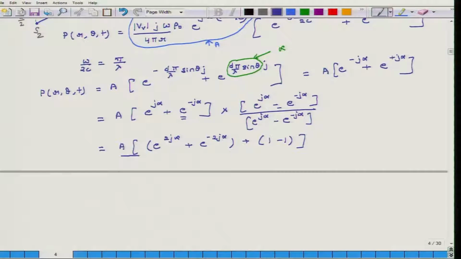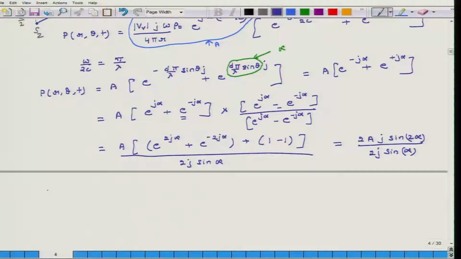In the denominator, e to the power of j alpha minus e to the power of minus j alpha is 2j sin alpha, and the numerator becomes 2j sin 2 alpha, over 2j sin alpha.